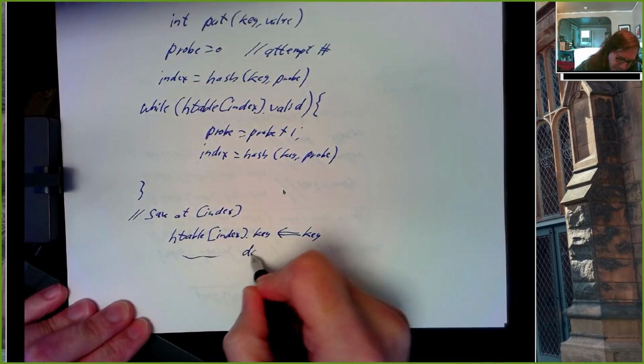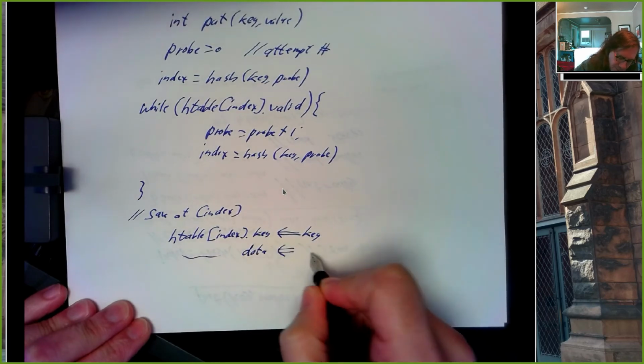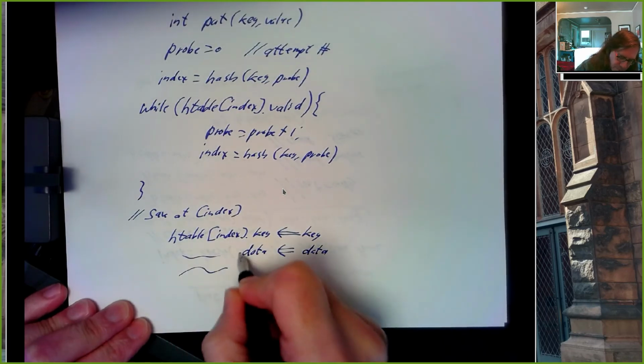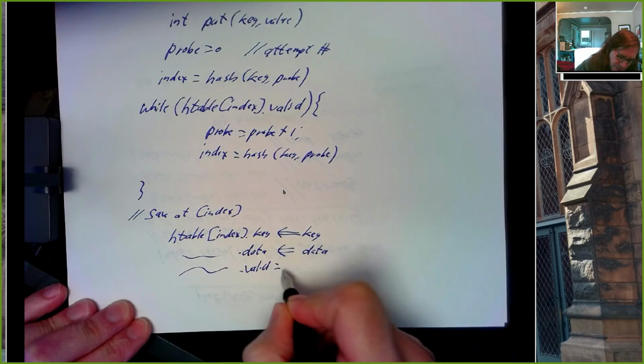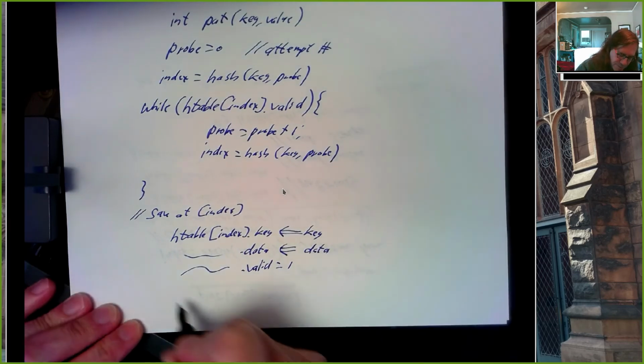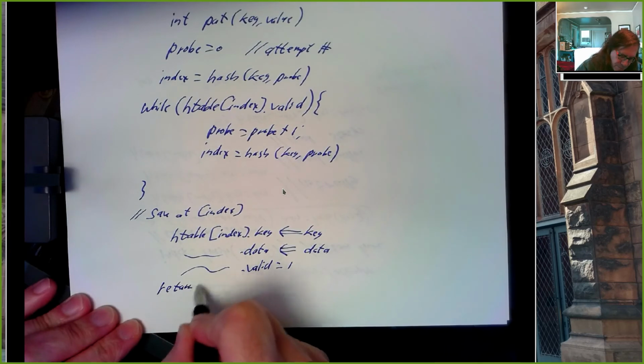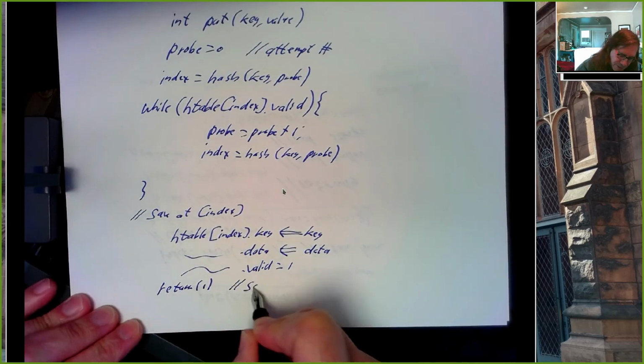And do the same thing for data. And set the valid equal to 1. And I'm going to return a 1 to say success.